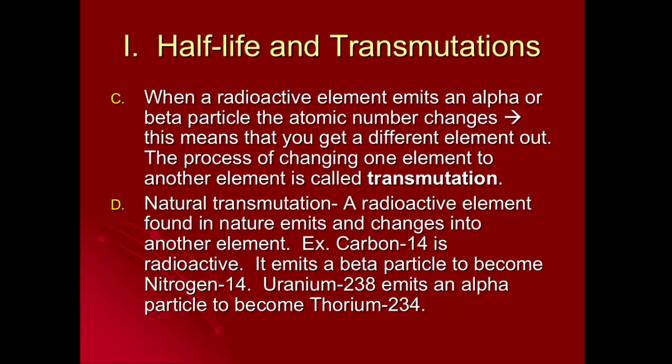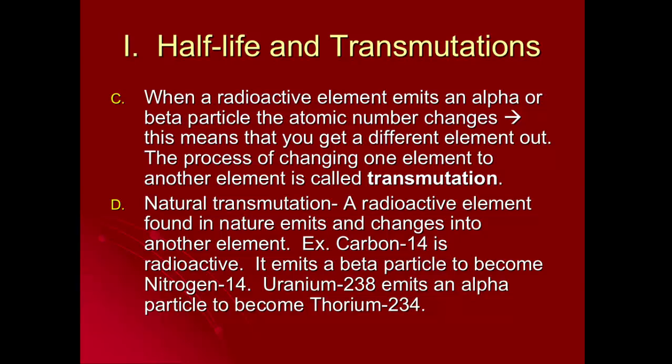When it does, it moves 2 elements to the left and becomes thorium-234. And you'll notice that while it moved 2 elements to the left, the number here subtracted by 4. That's because these numbers written after your elements are the mass. And the mass with a helium, one that has released helium, is going to go down by 4 because helium has 2 protons and 2 neutrons, so a total mass of 4. And so it will subtract a mass of 4.